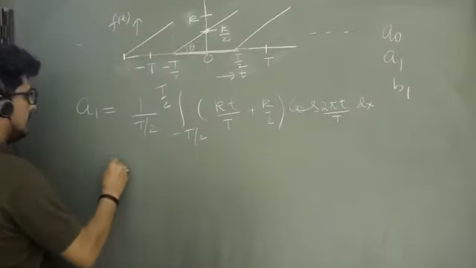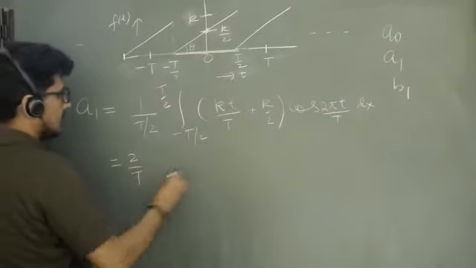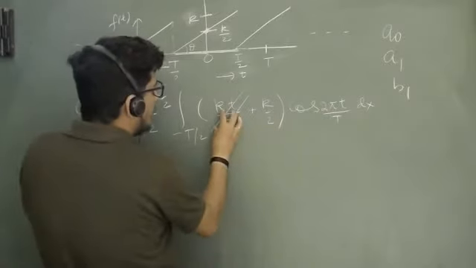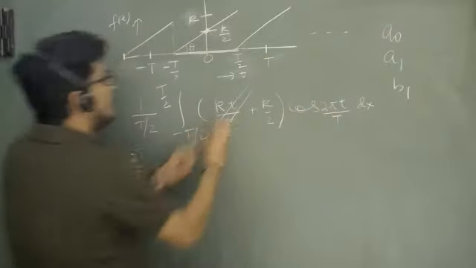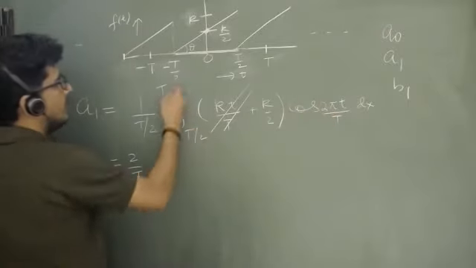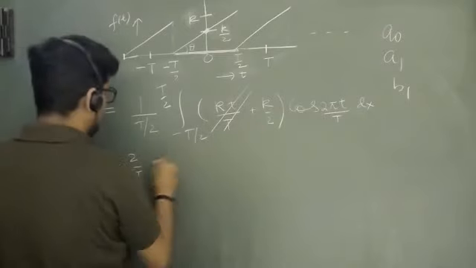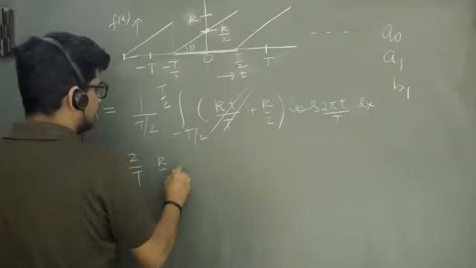Yes, sir. Now please see 2 by T. This I won't consider because this is odd and this is even. When they are multiplied, it will be odd from minus A to A, and it will go to 0. And this term will become k by 2.